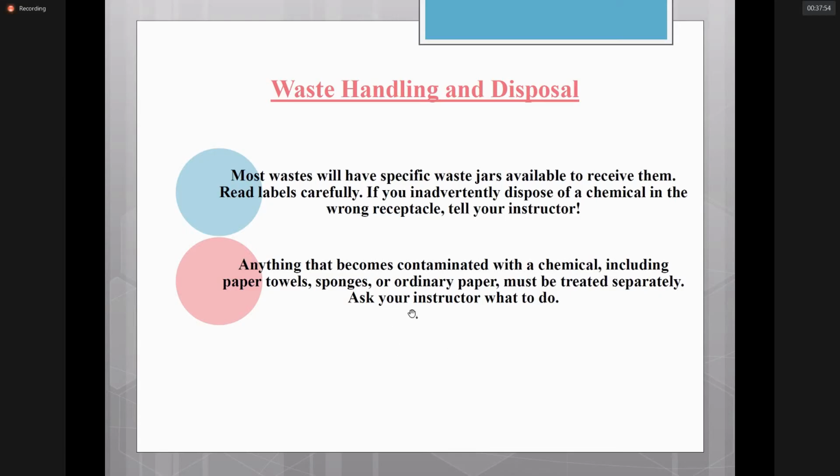Again, anything that becomes contaminated with chemicals, سواء كان paper أو sponges أو towels, should be treated separately. Ask your instructor what to do when your paper has a spill of corrosive, for example, or your sponge is full of flammable liquid.